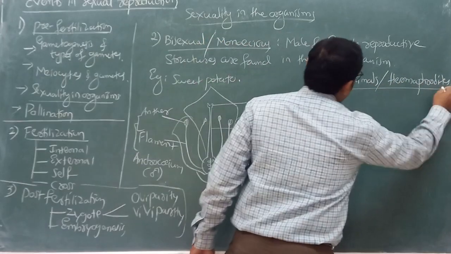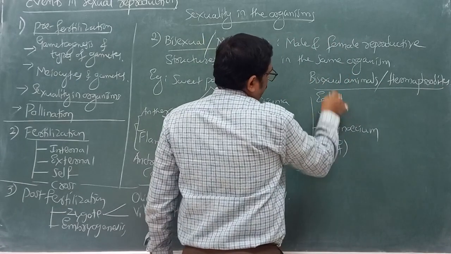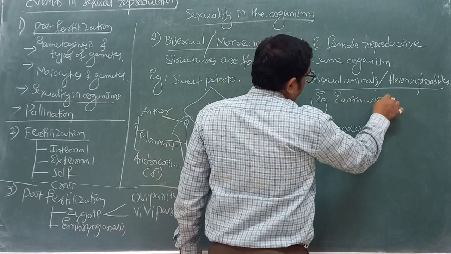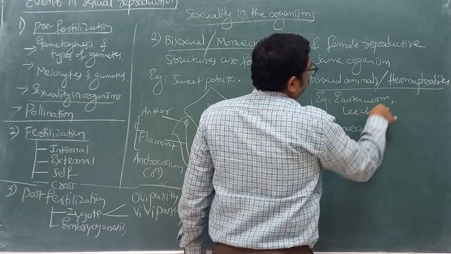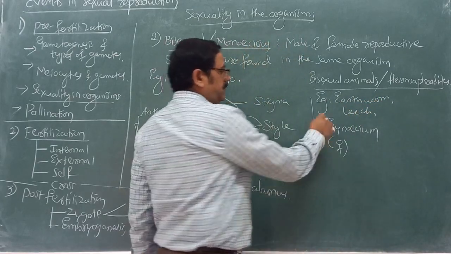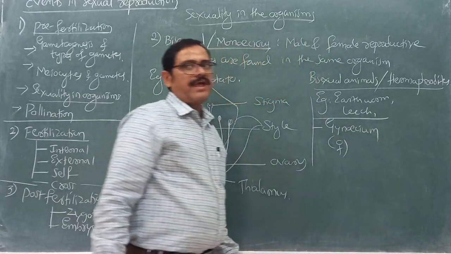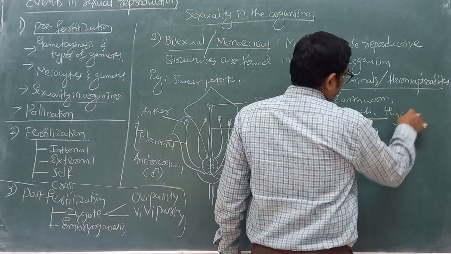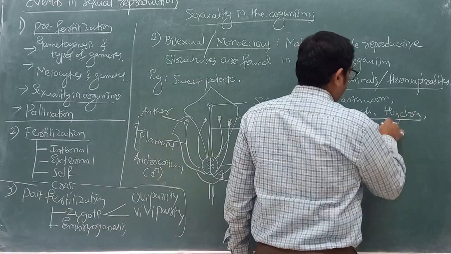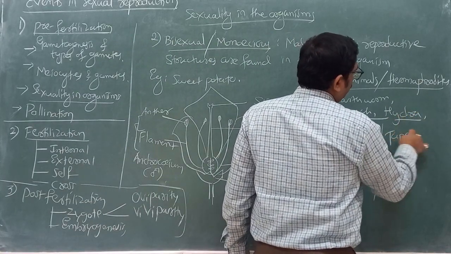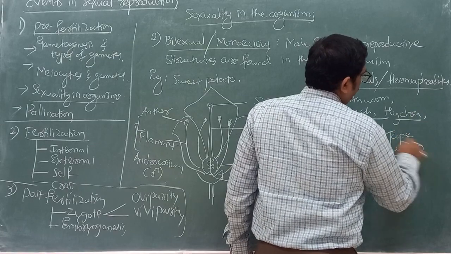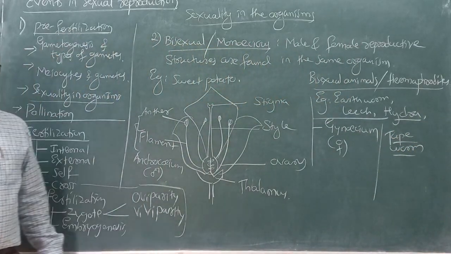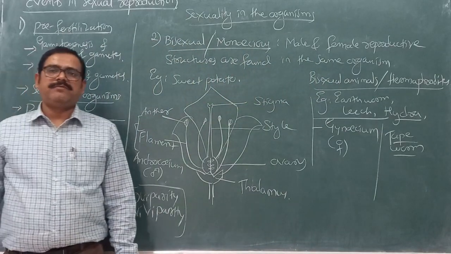It is earthworm, leech. So these are mainly hermaphrodites. Even hydra is a hermaphrodite, and even tapeworm is also a hermaphrodite. So bisexual animals are also called hermaphrodites.